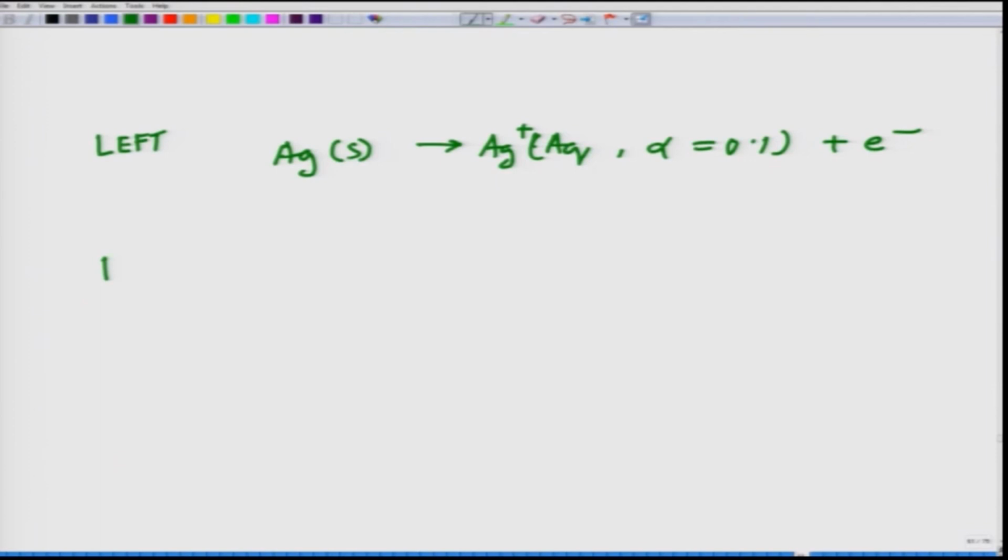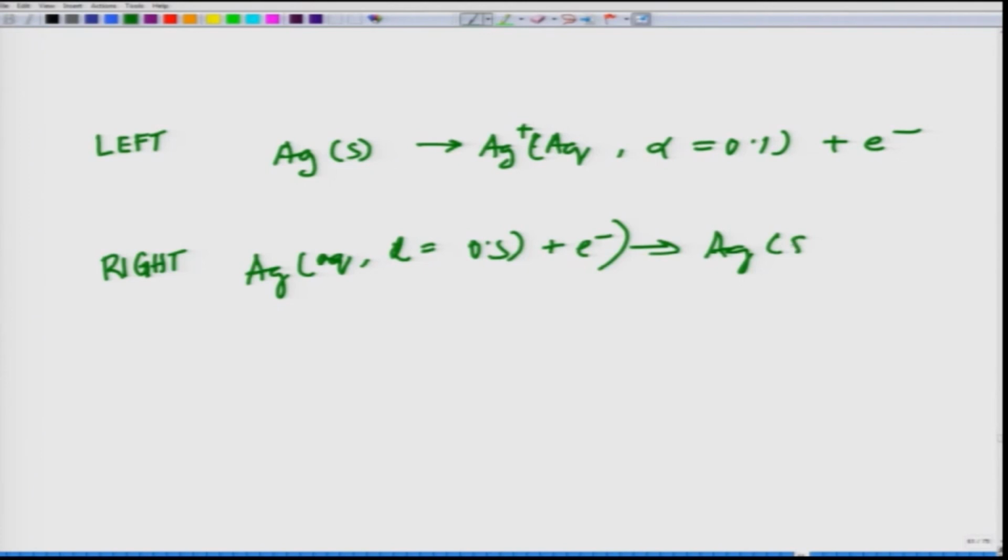Similarly, on the right hand side, it is Ag+ aqueous (0.5 M) plus an electron giving Ag solid.